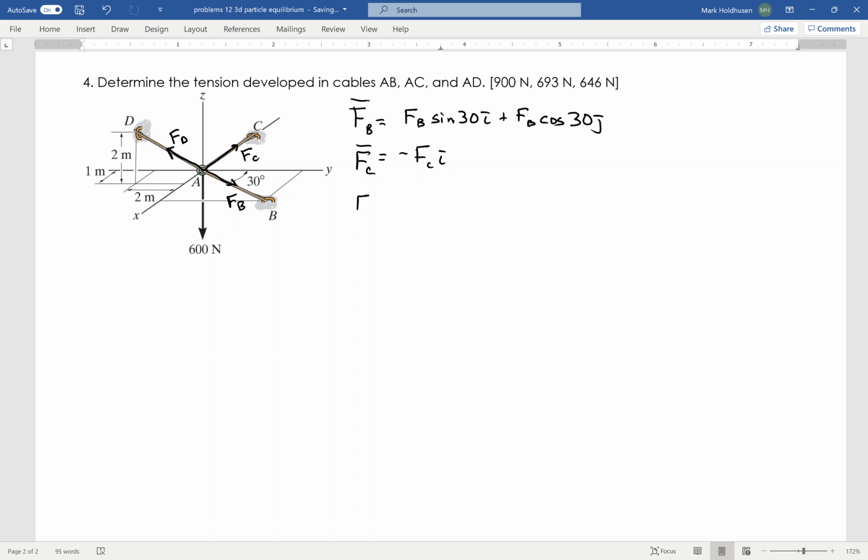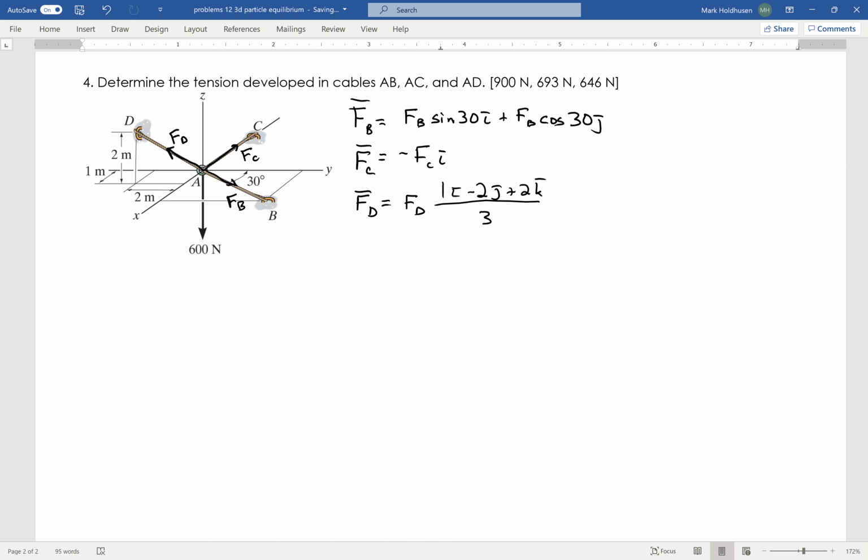And then I've got FD, which has three components to it. Okay, so I take my unknown FD and I'm going to take it times the position vector over its magnitude going from A to D, which would be 1I, negative 2J, and then positive 2K. This is a 1, 2, 2 triangle, so 1 squared plus 4 squared plus 4 squared is 9, square root of that is 3.